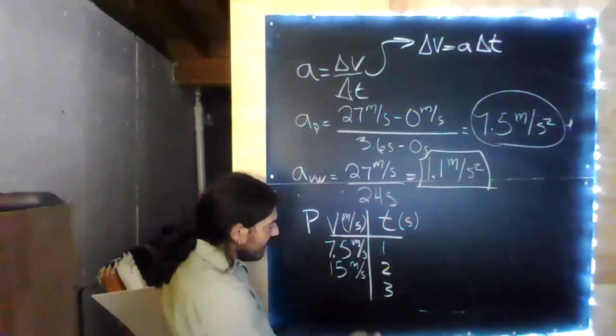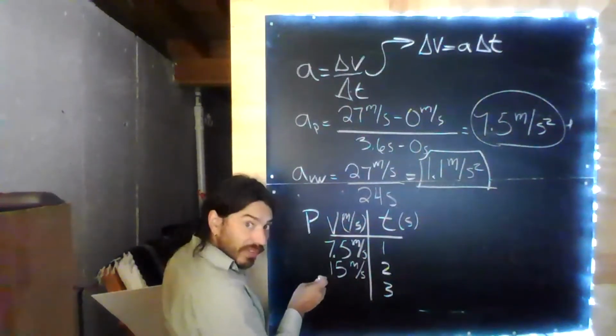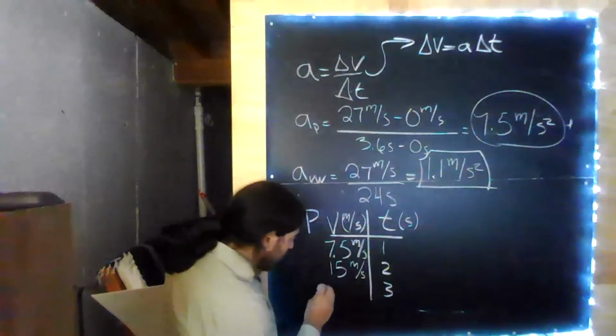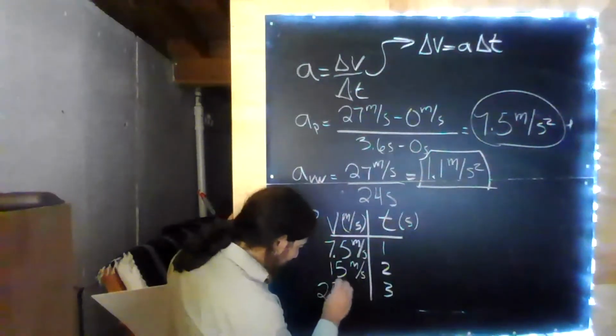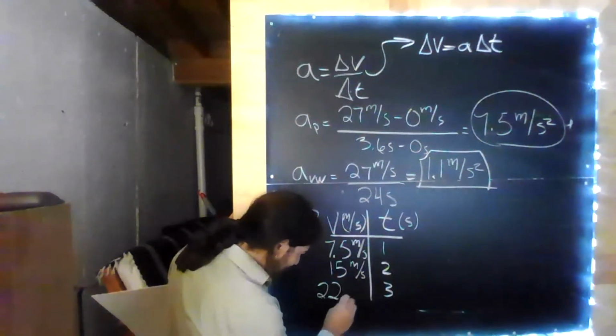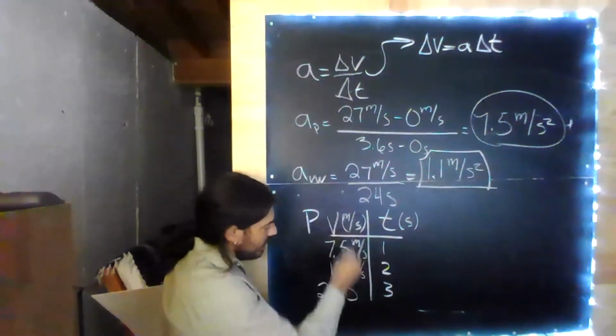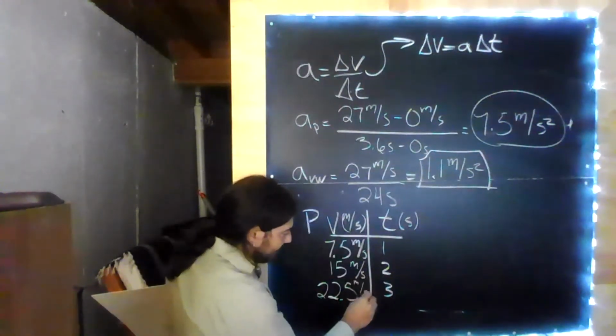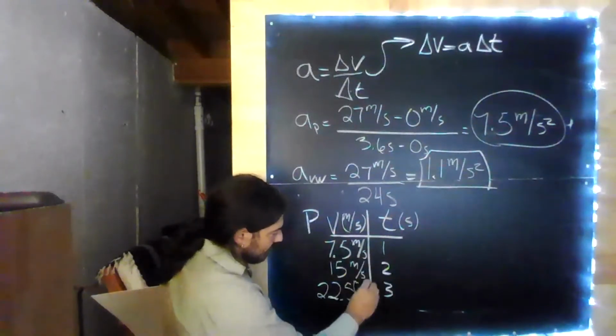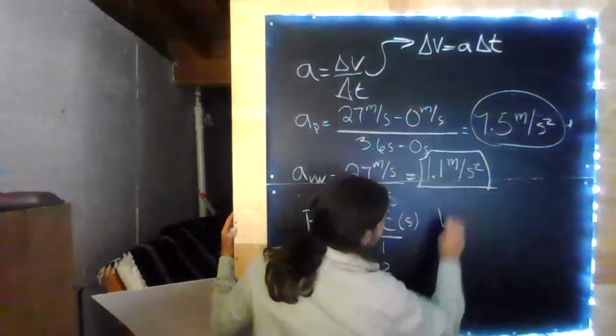After 3 seconds, it'll be going another 7.5 meters per second greater, or 22.5. I got my units here twice. That's right. Okay, now let's do it for the VW.